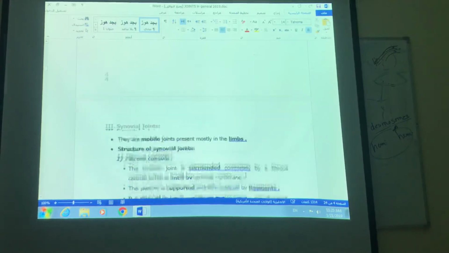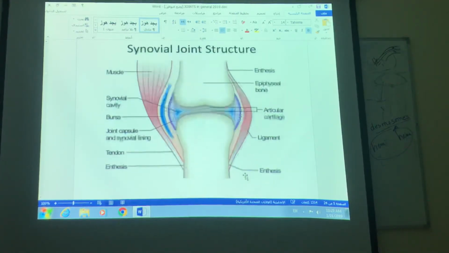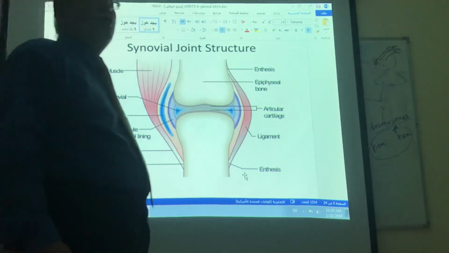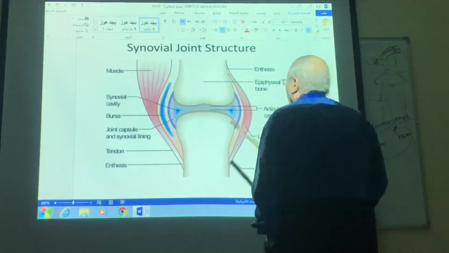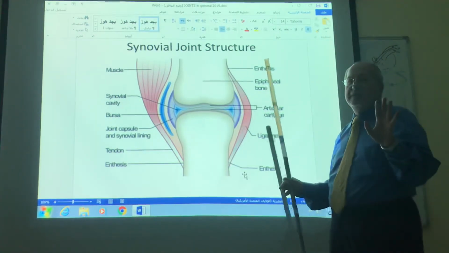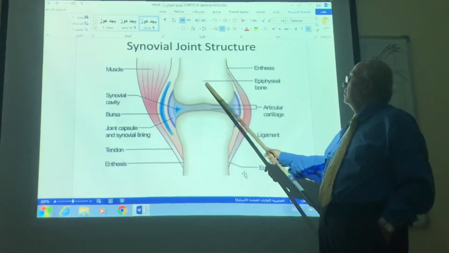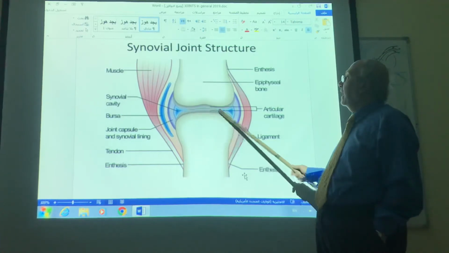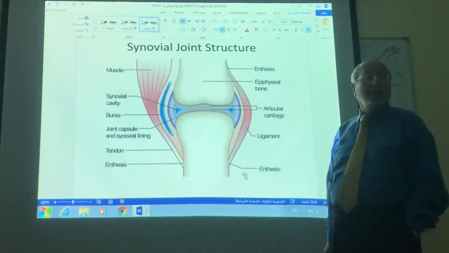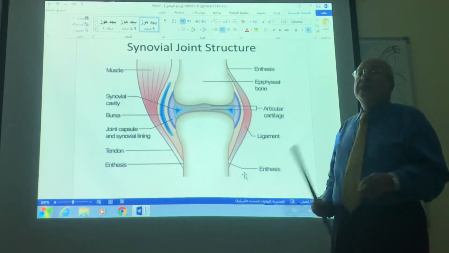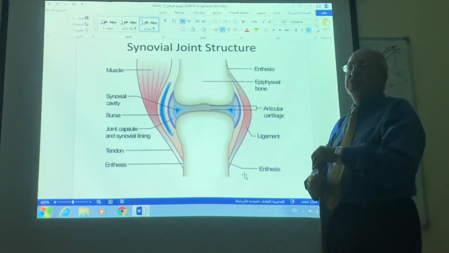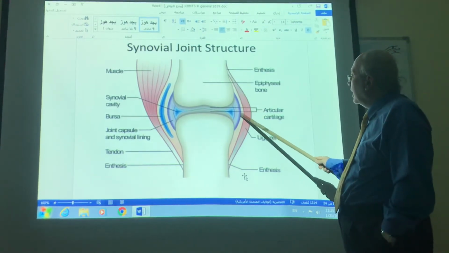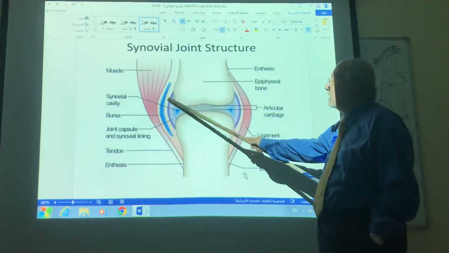What is the synovial joint? To know what the synovial joint is, we should know the structure of the synovial joint. The structure of the synovial joint, as in any joint: two or more bones come in contact together. The characteristic of the synovial joint is that it is surrounded from outside by a fibrous capsule.